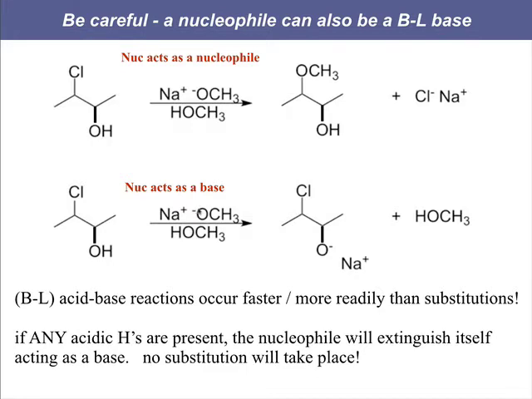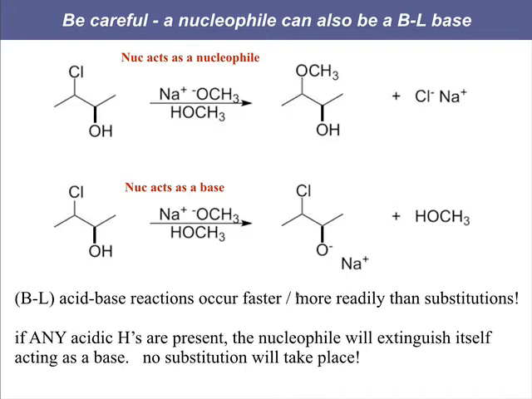The nucleophile or base would grab the H from our hydroxide group, deprotonate the O, we end up with O minus and A plus, and we just make some more methanol. So here's the kicker. Bronsted-Lowry acid-base reactions occur faster and or more readily than substitutions do.